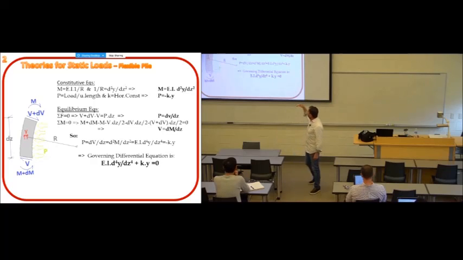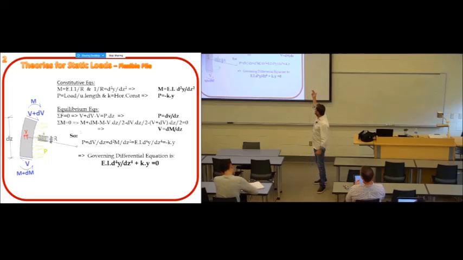So you have the moment is related to the radius of curvature, which in turn is the second derivative of y with respect to dz. The p-y curve is, you have to imagine that the soil can be a spring or represented by a spring, which has a k constant.